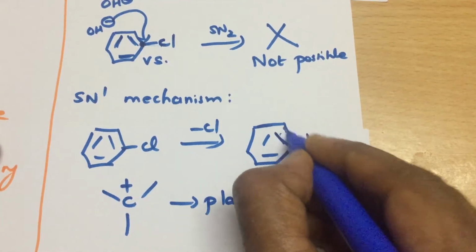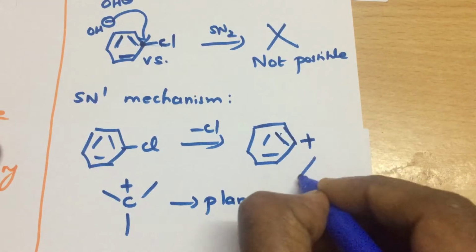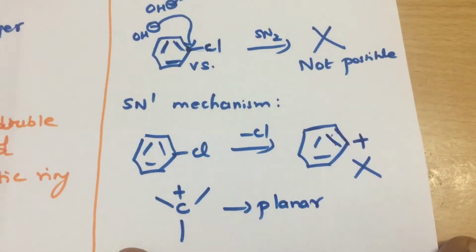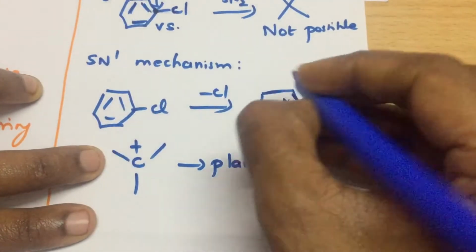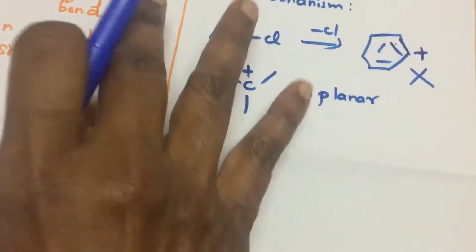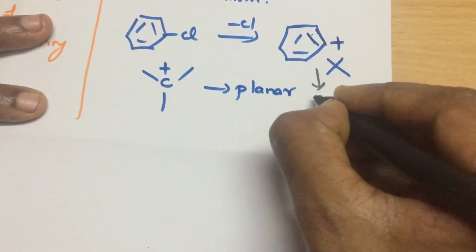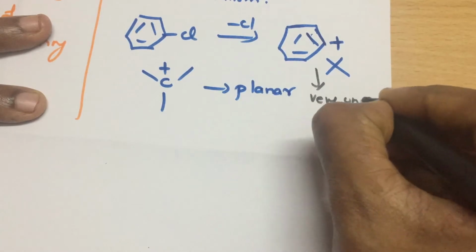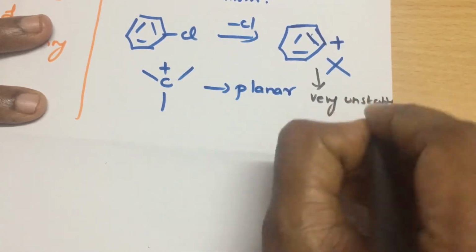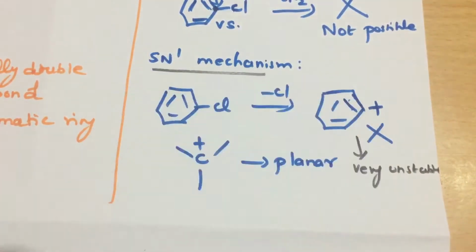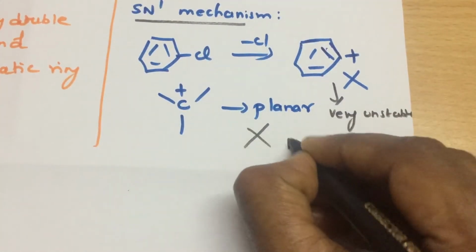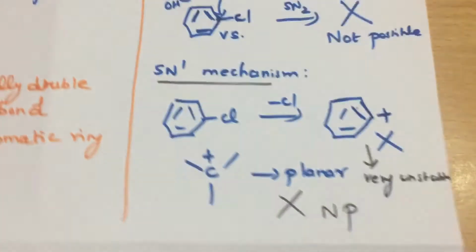Not at all. This is a very less favored structure, and this structure is very unstable, and it will not be favored at all. So these two mechanisms, SN1 and SN2, are not at all possible.